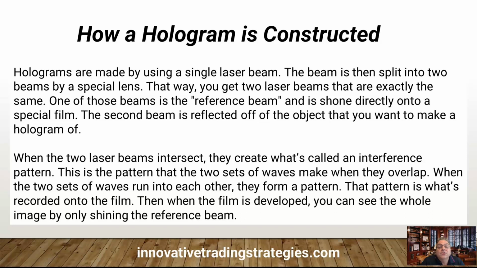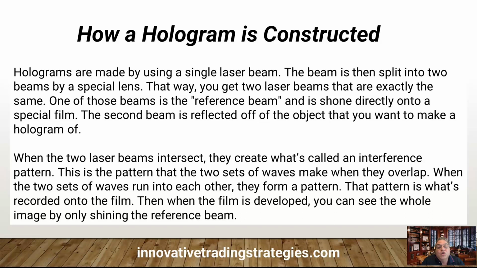Holograms are made by using a single laser beam. The beam is split into two beams by a special lens. In the lab, they have these lenses and a laser beam, and they're shooting through these lenses, which reflect the laser beam towards a particular object.